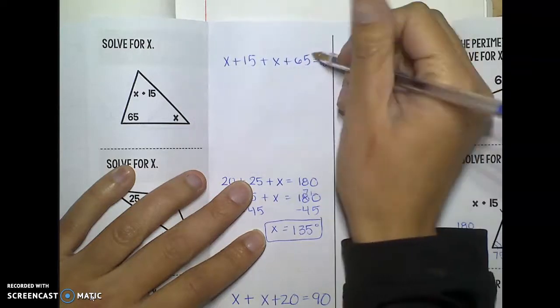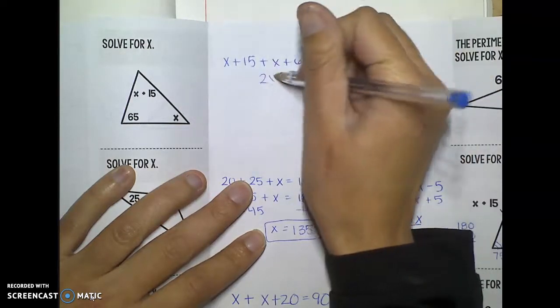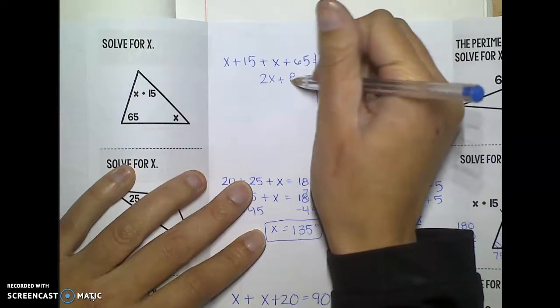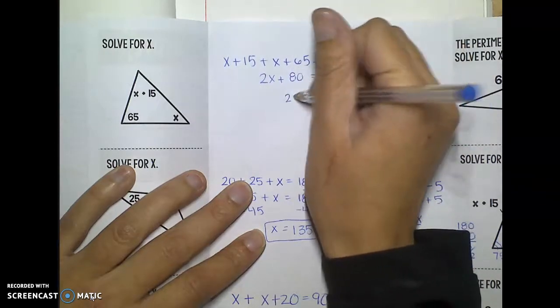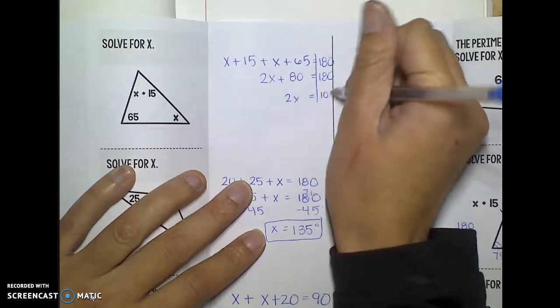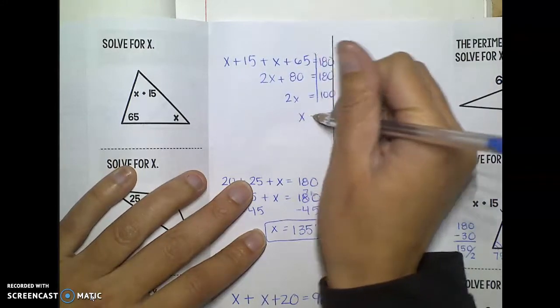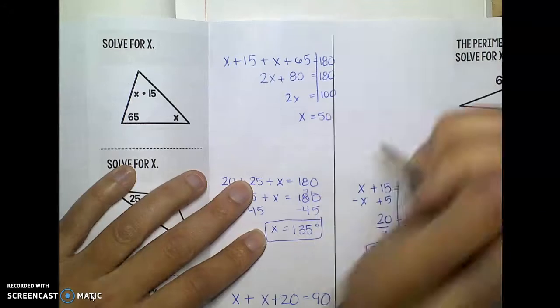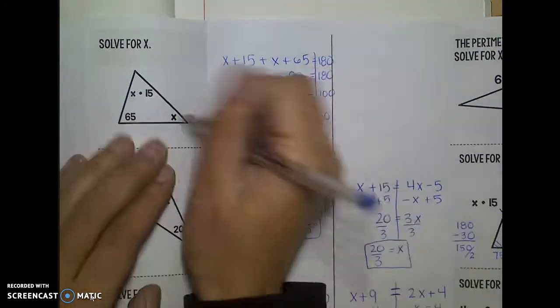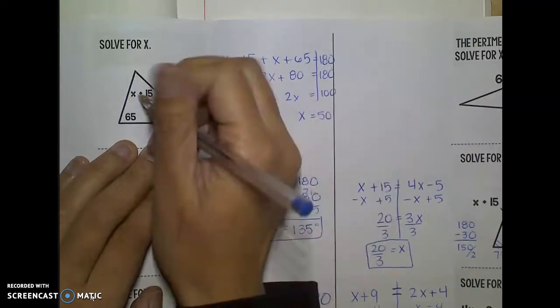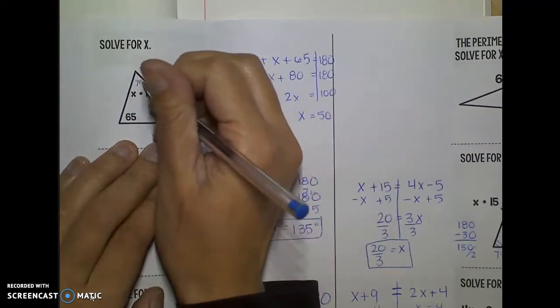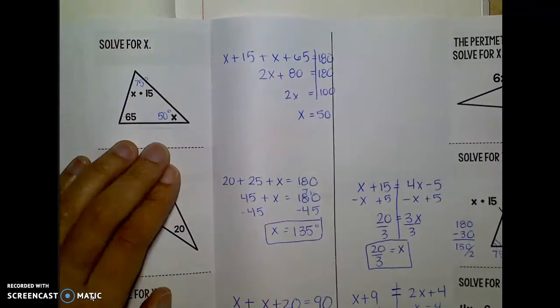I would combine my like terms, so I'd have 2x plus 80 equals 180. I'd subtract that 80, so 100, and then divide by 2, so 50. And if I plug it back in, I can see that this angle here will be 50, which is also acute. And when I plug it in right here, this one will be 75, so also acute.